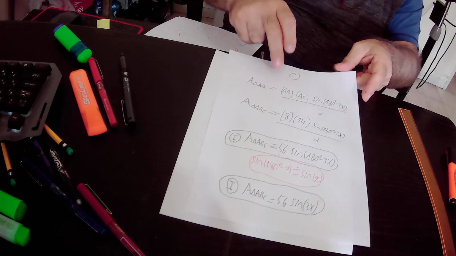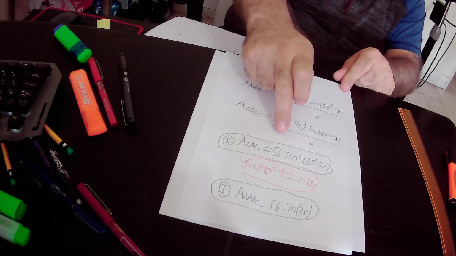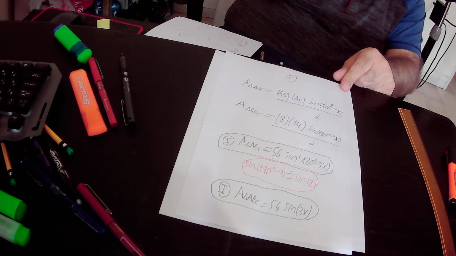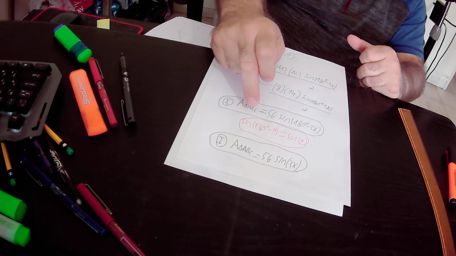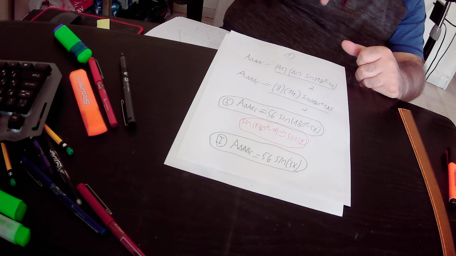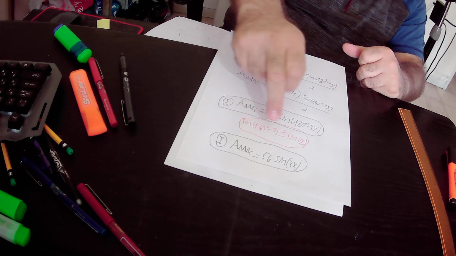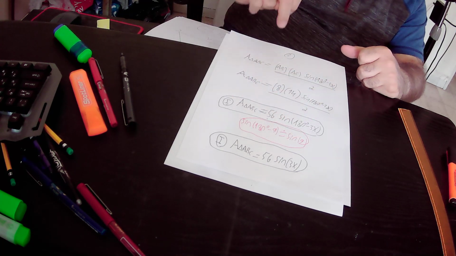So we substitute and get that the area of triangle ABC equals 56 times sine of 180 degrees minus 3x. And we have the trigonometric identity that the sine of 180 degrees minus alpha equals sine alpha. So the area of triangle ABC equals 56 times sine 3x. That is our first equation.